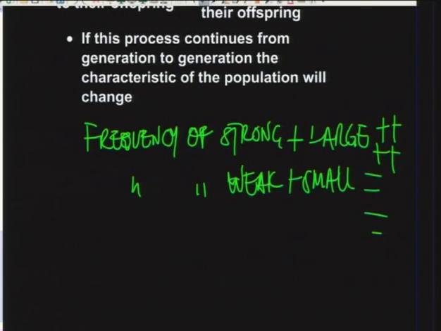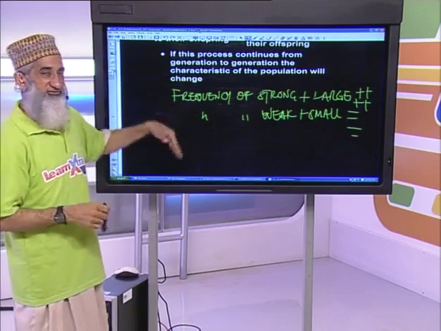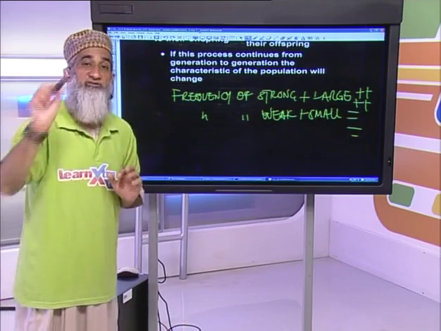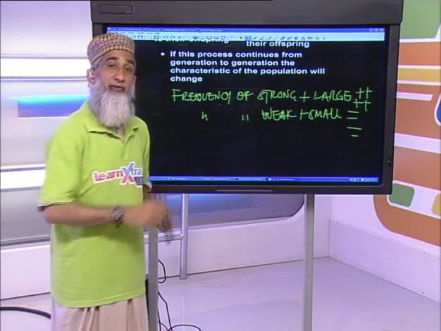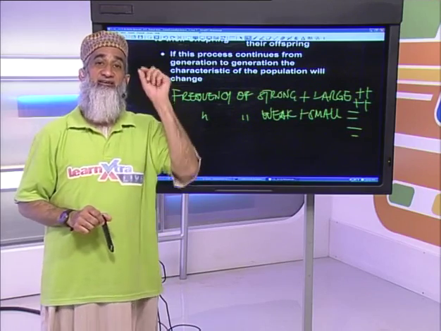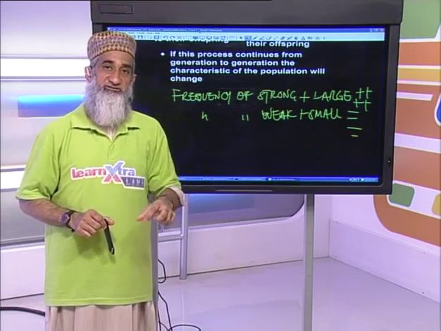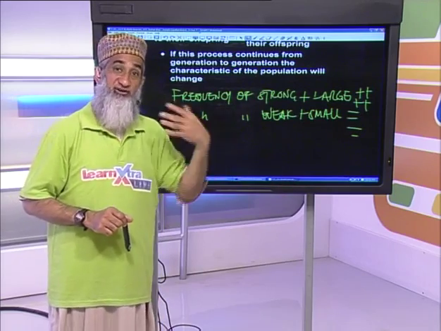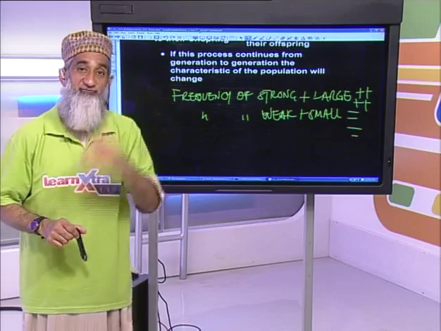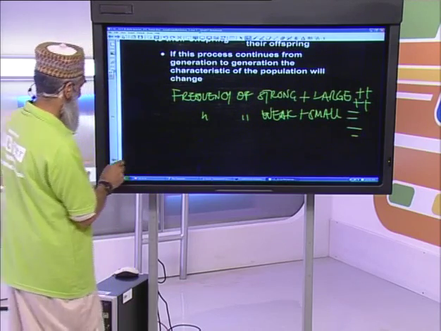That means over several generations we'll see less and less of the weaker ones and more of the stronger ones. In this way the population evolves, not the individual, but the population evolves. All natural selection is telling us is that certain genes, the favorable ones, increase in frequency, and certain genes, the unfavorable genes, decrease in frequency.